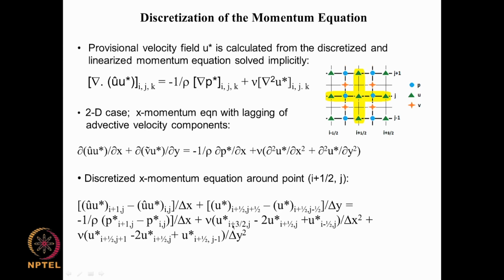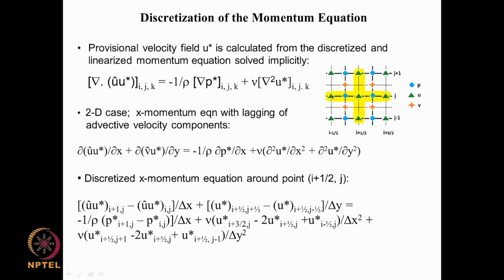So that is given as u I plus 3 by 2, which is this one, it is to the right hand side. So we are evaluating this one using central differencing centered around this. So this is u at I plus 3 by 2 j plus u at I minus half j, so that is this one, minus 2 u I plus half j.